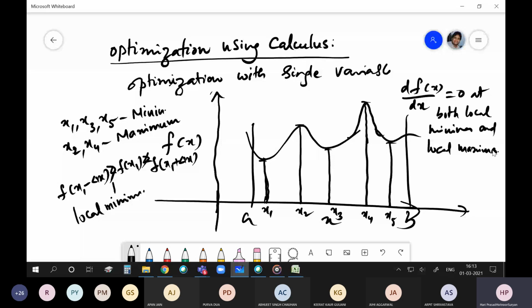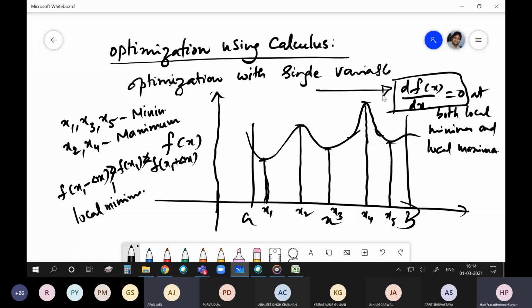By just satisfying this equation, df by dx equals 0, can we say that it has a maximum or minimum? Is it a necessary condition or a sufficient condition?